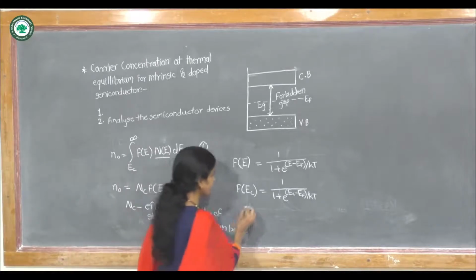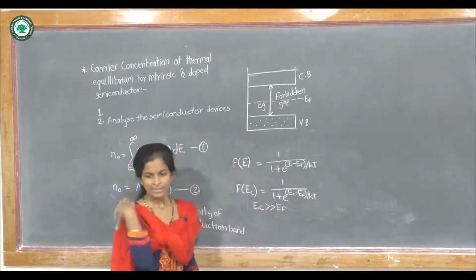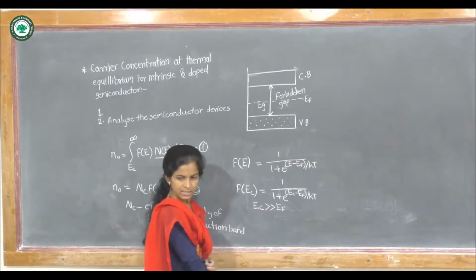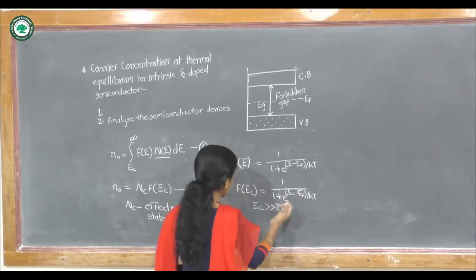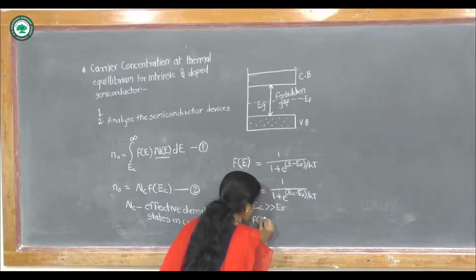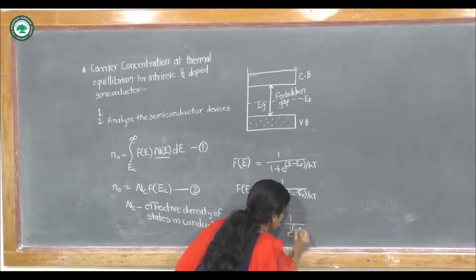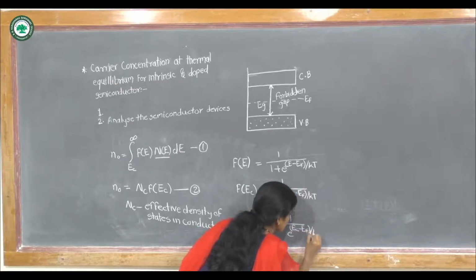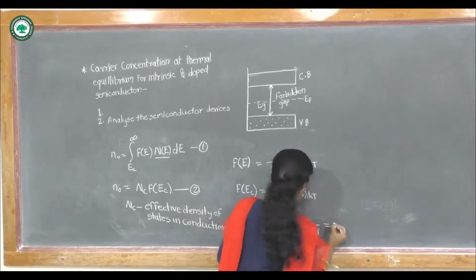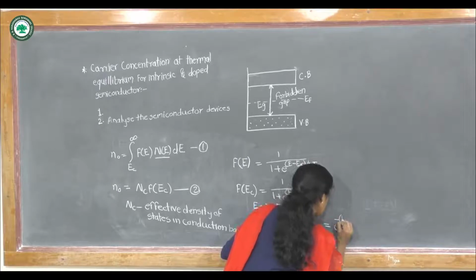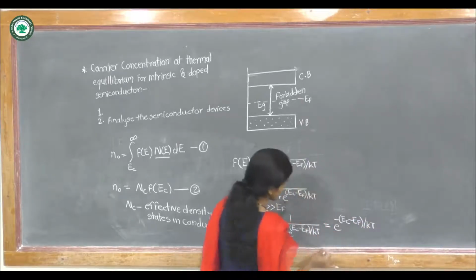As EC is greater than EF, f(EC) is equal to 1 upon 1 plus e raised to (EC minus EF) by kT, which one may write as 1 upon e raised to (EC minus EF) by kT, or as e raised to minus (EC minus EF) upon kT. So this becomes equation number 3.